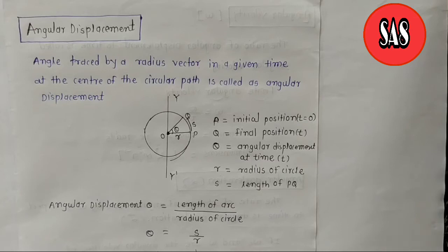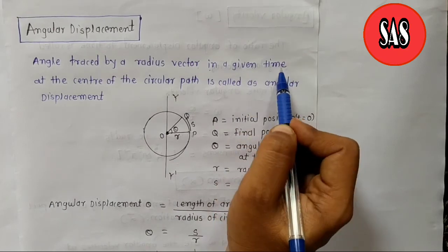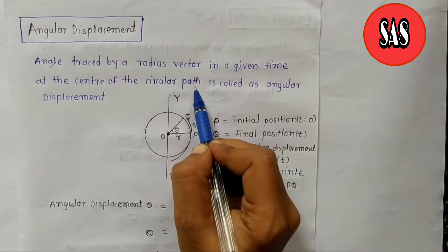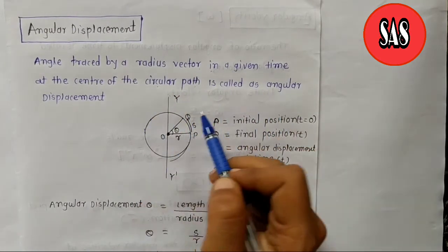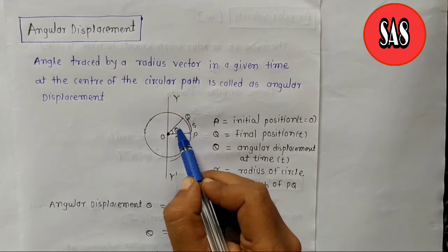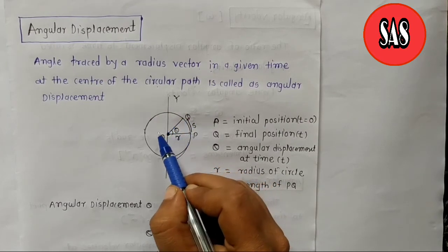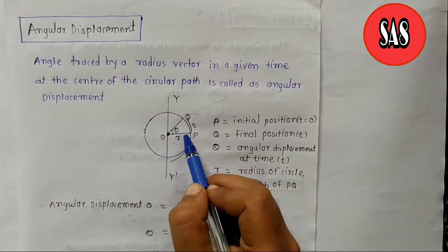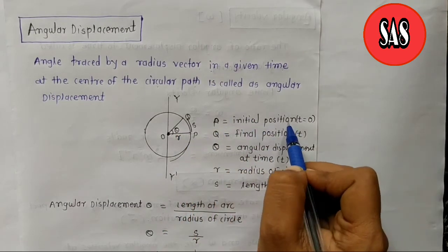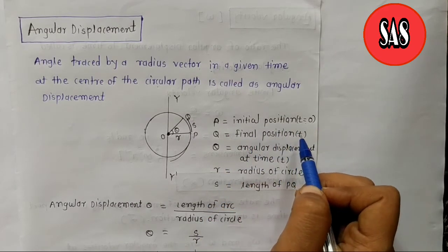Angular displacement. The angle traced by a radius vector in a given time at the center of the circular path is called the angular displacement. This angle theta is the angular displacement. Here P is the initial position at time t is 0, and Q is the final position at time t.